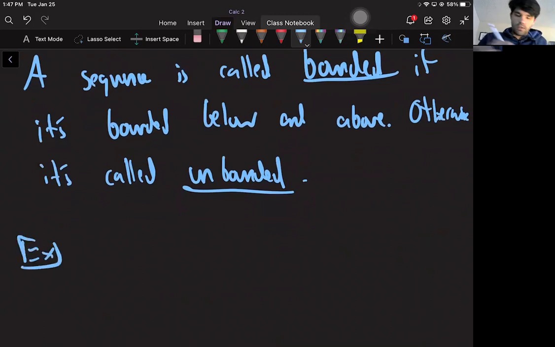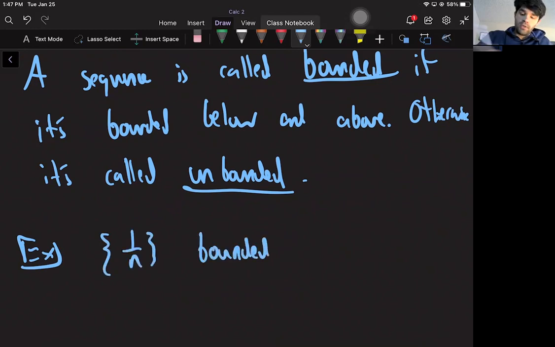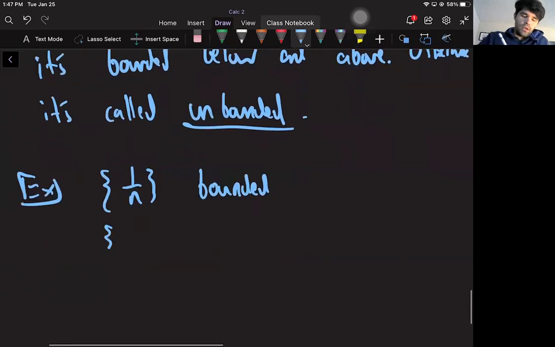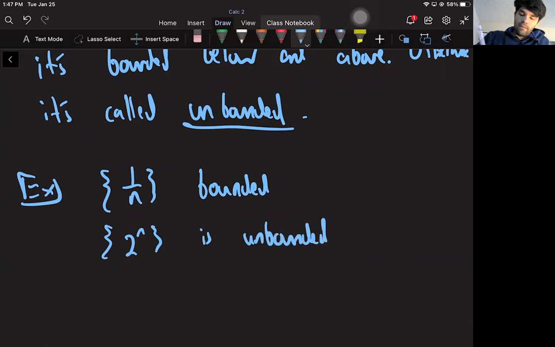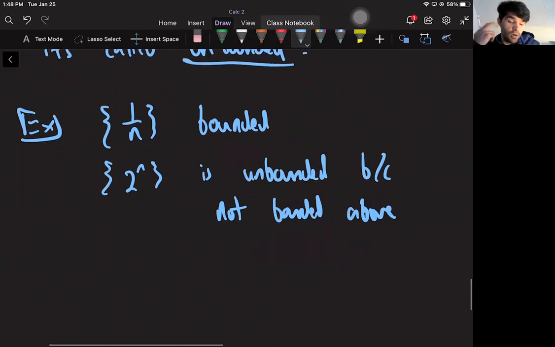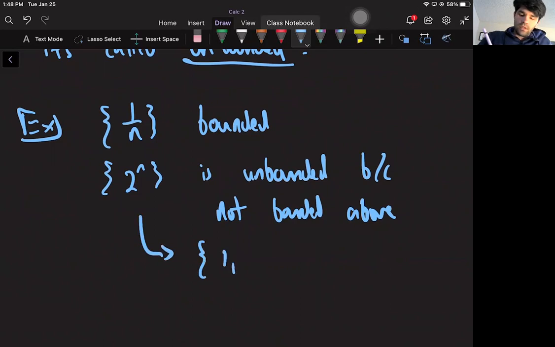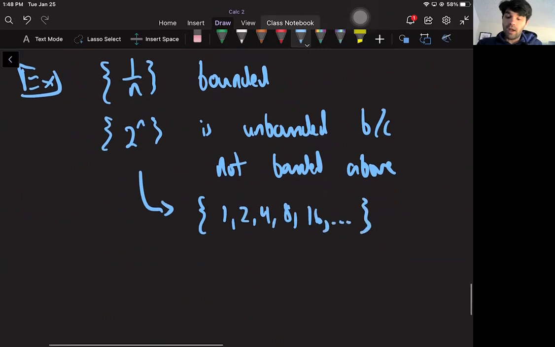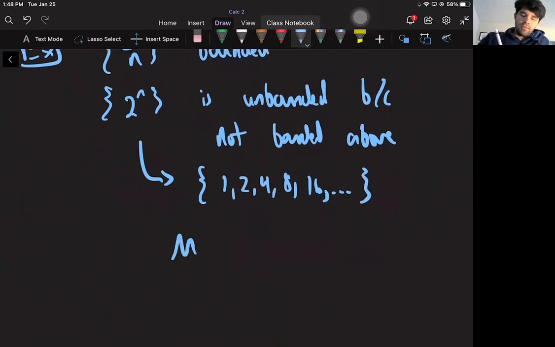First, some examples. 1 over n is bounded. We already showed that by showing it was bounded above and below. Meanwhile, 2 to the n is unbounded because it's not bounded above. It is bounded below by 0 because it just starts at 1 and then it goes 2, 4, 8, 16, and so on. It's not bounded above because you can never pick a number big enough.